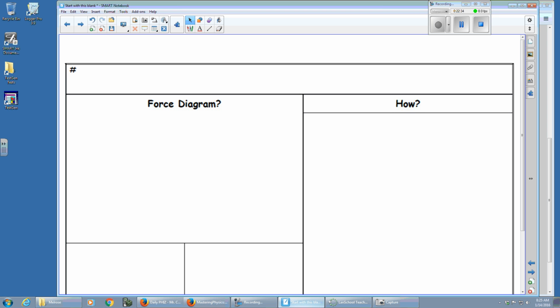So if I was to draw the water in the bucket at the top, it would look like that, and it's moving, let's say, this way. The force of gravity on it is pulling it down towards the center.